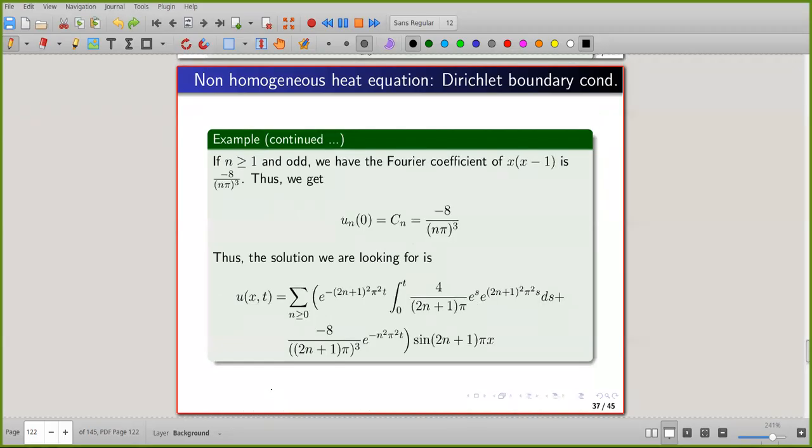And if n is greater than or equal to 1 and odd, the Fourier coefficient of x into x minus 1 is this thing. Thus, we get u_n(0) equal to C_n, exactly this thing, as I had remarked earlier.